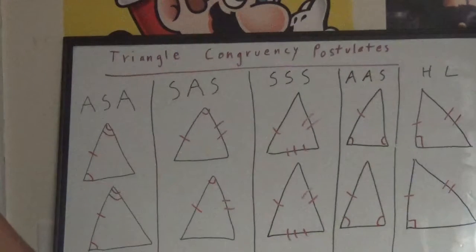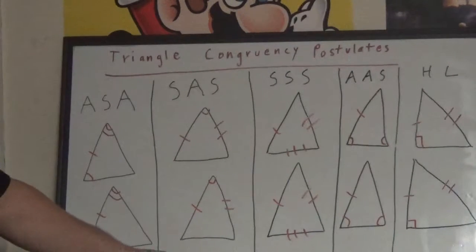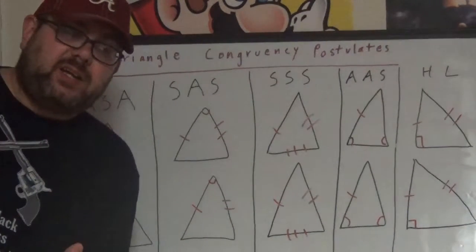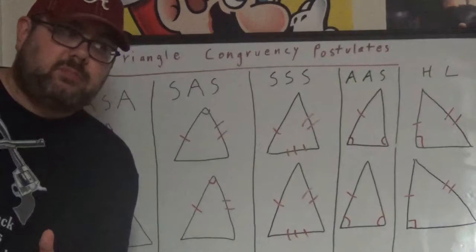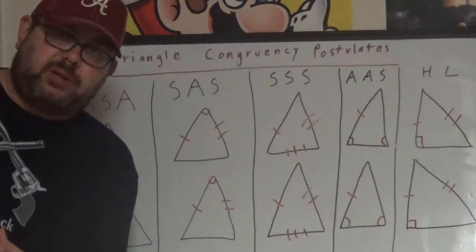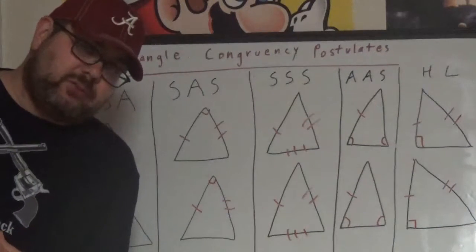So that's pretty much all I have on the 5 congruency postulates. One more thing. If you have 2 triangles and you're asked, are these congruent?